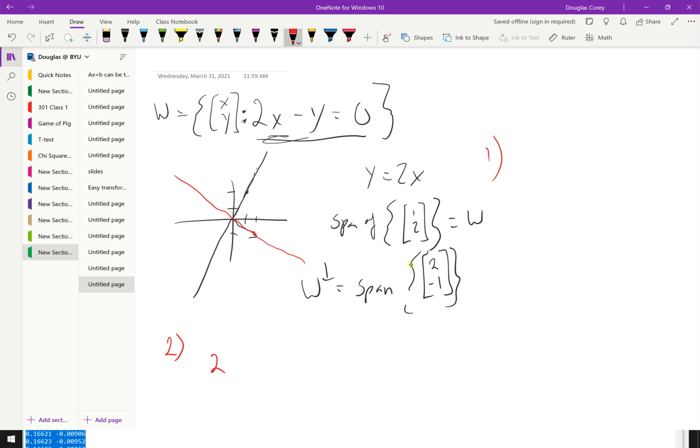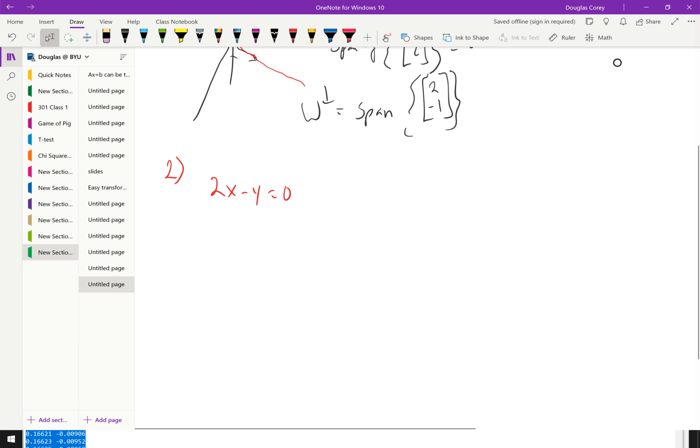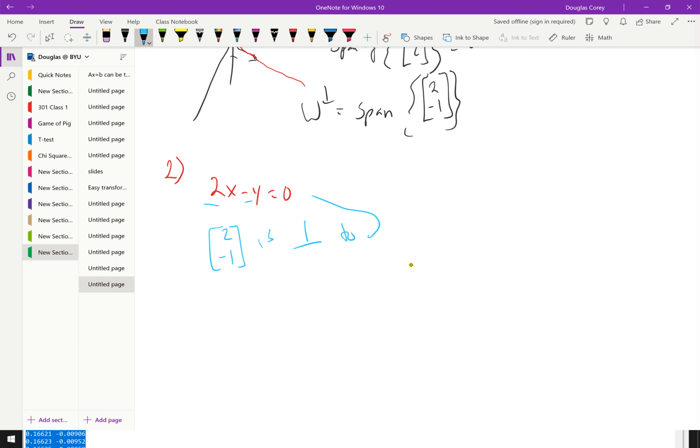Solution number 2. If we recognize the equation 2x minus y equals 0 as the equation of a line in R2 in general form, then we can read off a perpendicular vector. The coefficients here, 2 and -1, give us a vector that's orthogonal to that line.